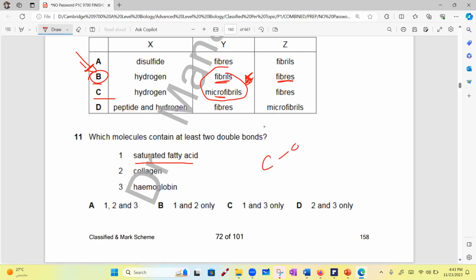I have a chain of hydrocarbons, with a carboxyl at one end and a methyl group at the other end, which is CH3. This has 1 double bond, so it is not included. We want at least 2. So D. Yes, it's collagen and hemoglobin.